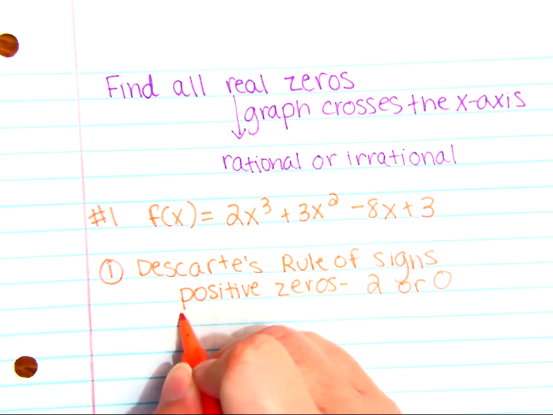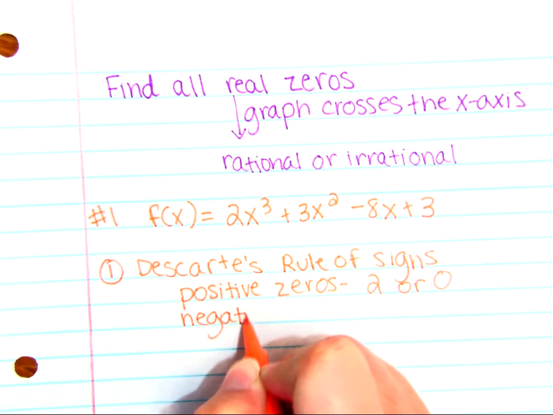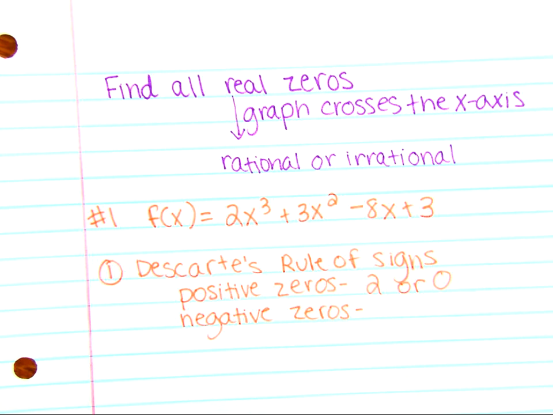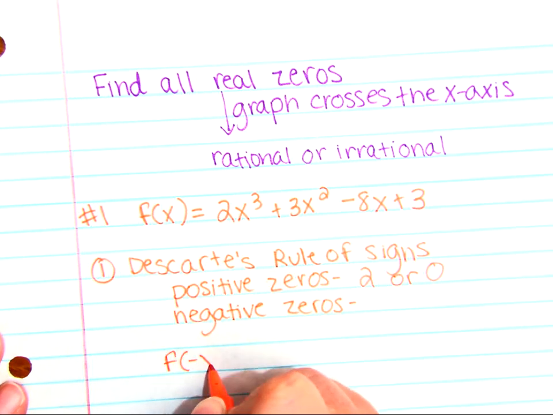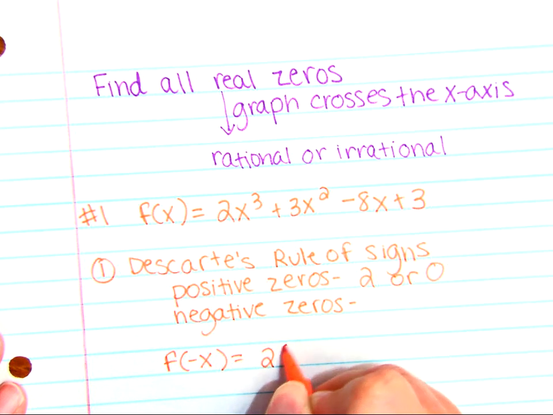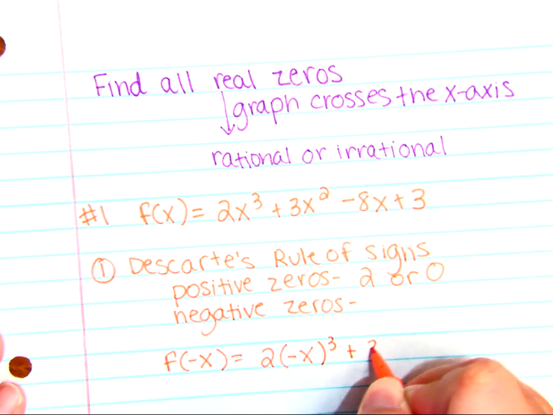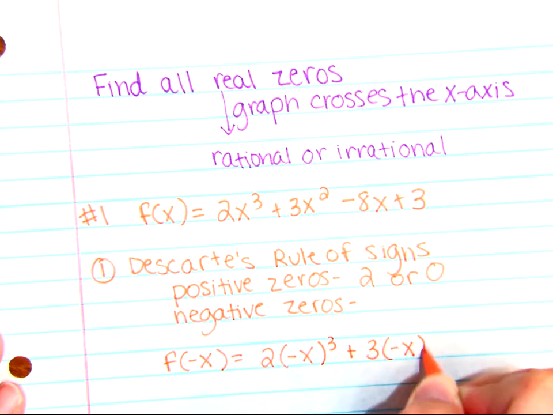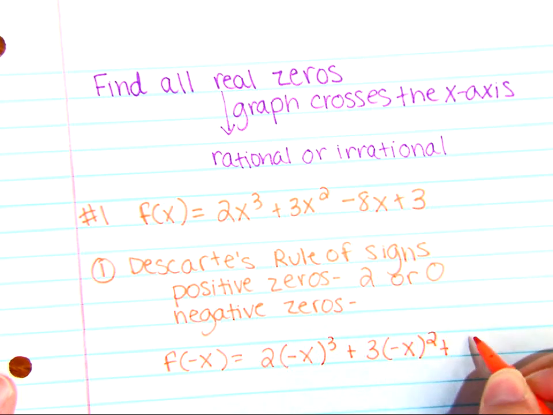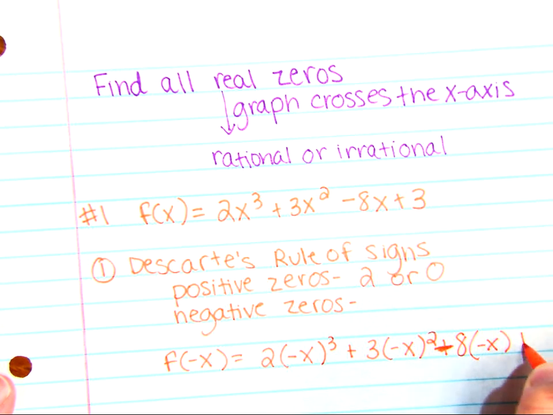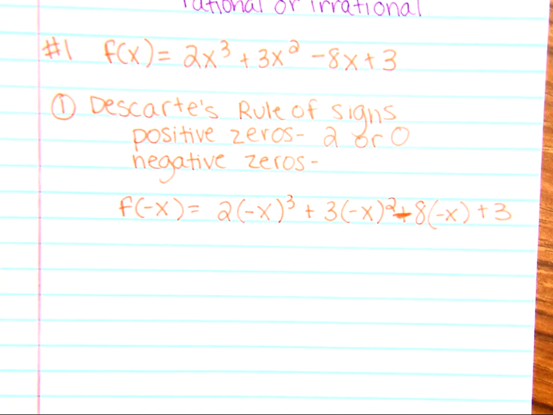Then what about negative zeros? Remember, this is the one where I do f of negative x. So that's going to be 2 times negative x cubed plus 3 times negative x squared minus 8 times the negative x plus 3. Okay, so I changed all of my x's to opposite signs.